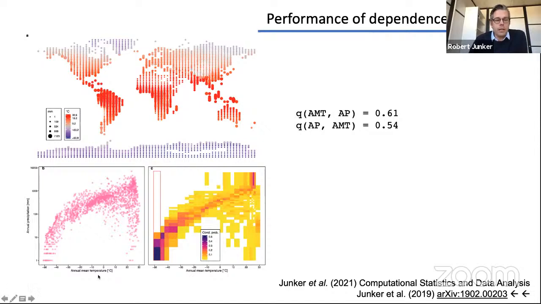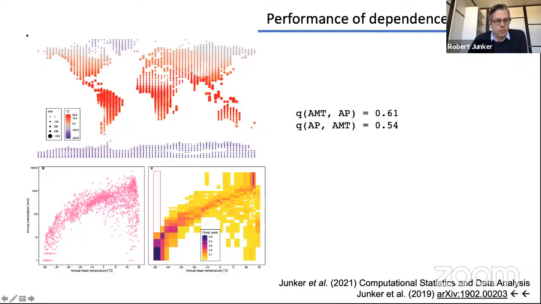And this is the relationship between annual mean temperature and annual precipitation. And you see we can predict the annual precipitation quite well using the knowledge of the annual mean temperature. But if we have the knowledge of the annual precipitation, we can predict the mean temperature with a lower accuracy.